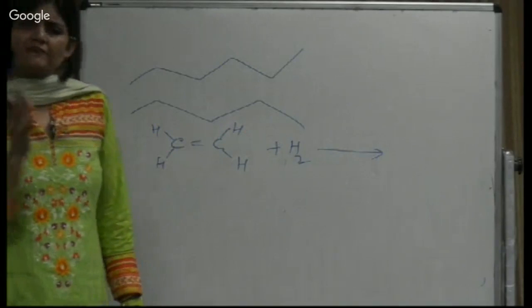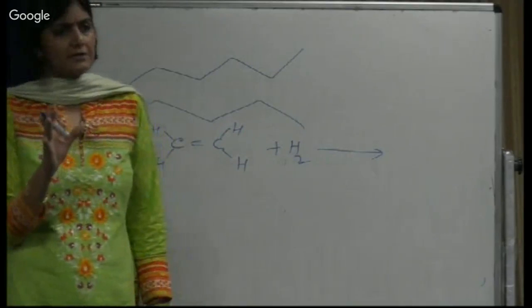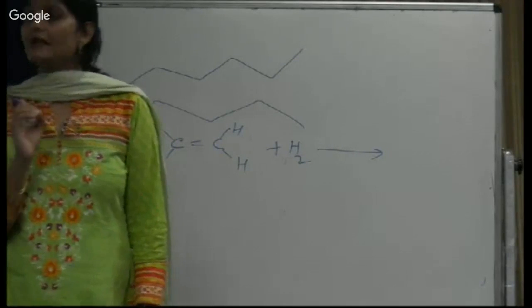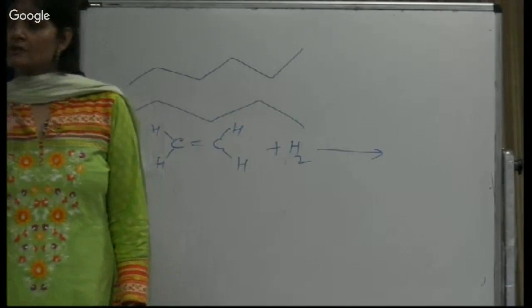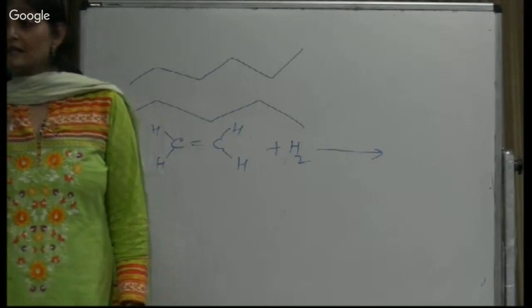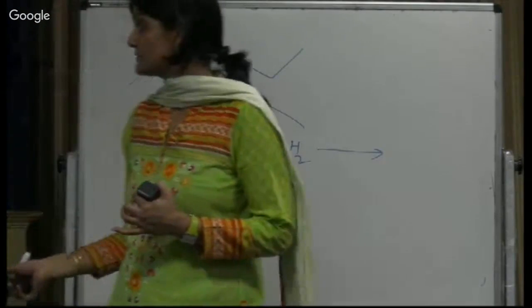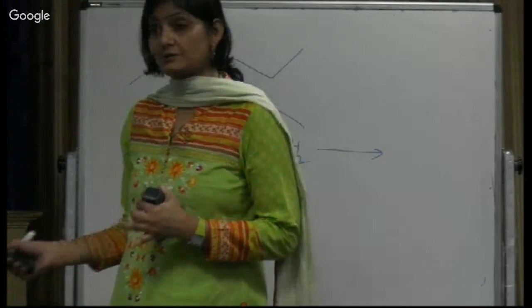Now these are efficient catalysts, so the reaction takes place normally at room temperature. If you replace Raney nickel by ordinary nickel, then the reaction has to be carried out at higher temperatures of about 250 to 300 degrees centigrade. And that reaction is called the Sabatier-Senderens reaction.